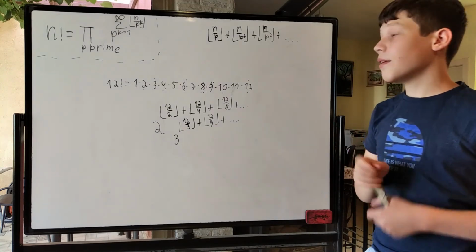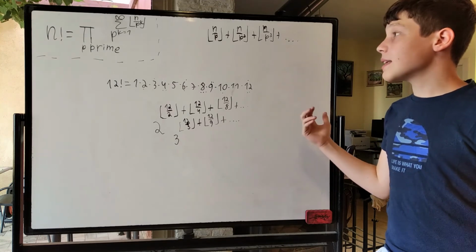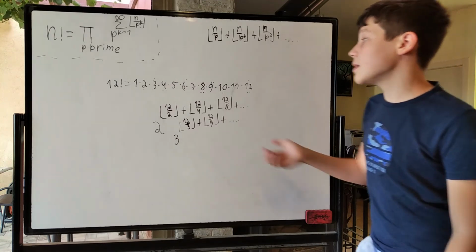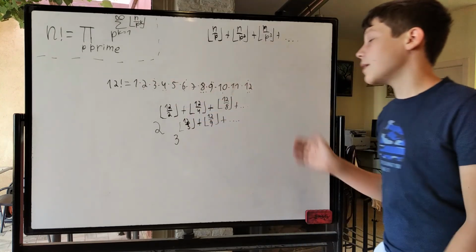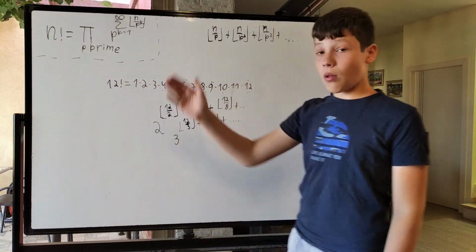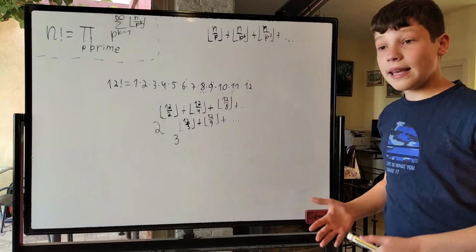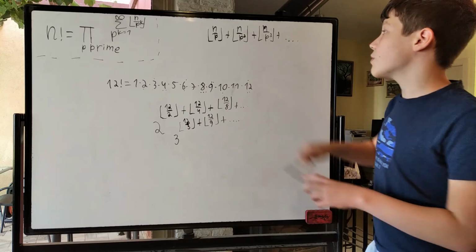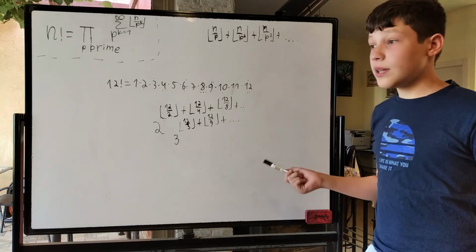And another case is, what about when the prime is already bigger than the number? What about 13? Because 13 or a multiple of 13 cannot appear in 12 factorial. So how can this product go on for all primes? Well, that's simple. Because there aren't any multiples of 13, each one of these floors of 12 divided by a power of 13 would be already 0.